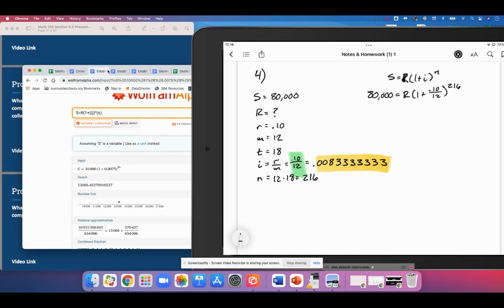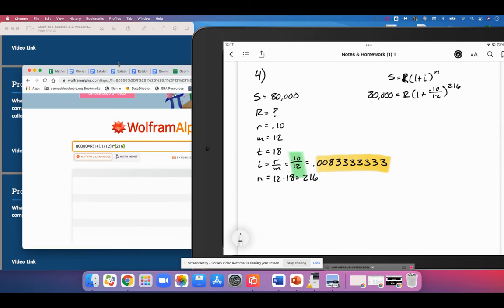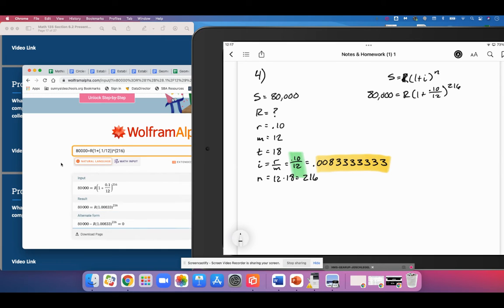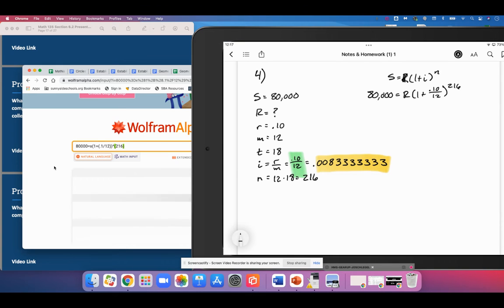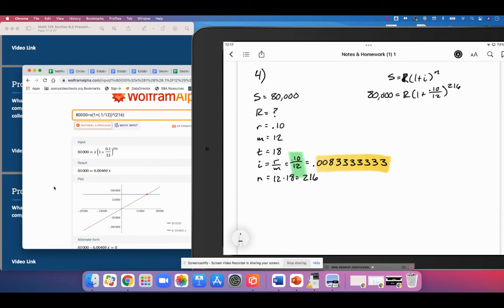And so our S, our future value, we want this to be worth $80,000 someday. For our I, I need 0.1 divided by 12. And then for the N, it's going to be 216. And as you can see, Wolfram doesn't like that we have that capital R in there, so we just need to replace that capital R with an X, and that will fix everything.